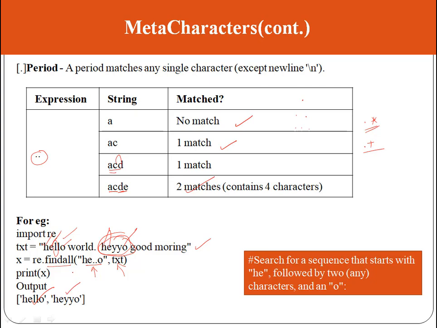So this is how it is matched, and it gives you all the search results. We have defined the pattern: search for a sequence that starts with he, followed by any two characters, and then ending with o.